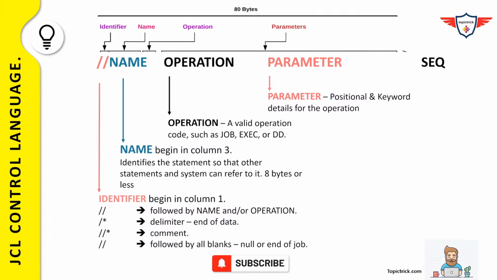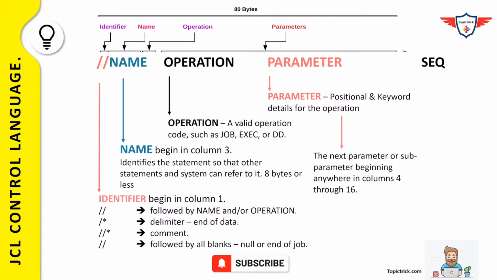There are generally 2 kinds of parameters, positional parameters and keyword parameters. We will look into all these parameters in detail in our next slide. So as of now, just remember that this portion is confined for different parameters that are defined based on the operation.